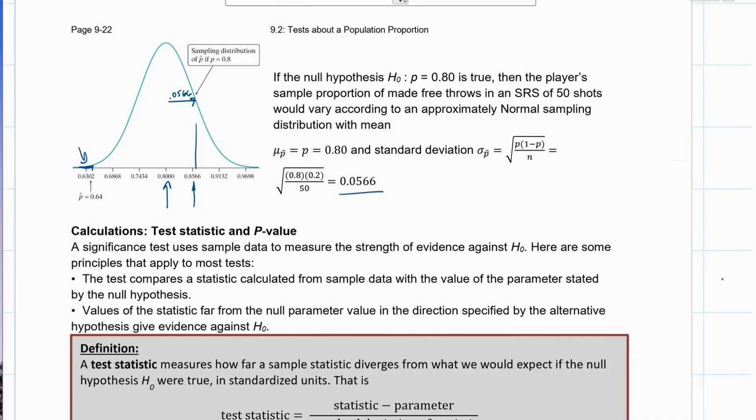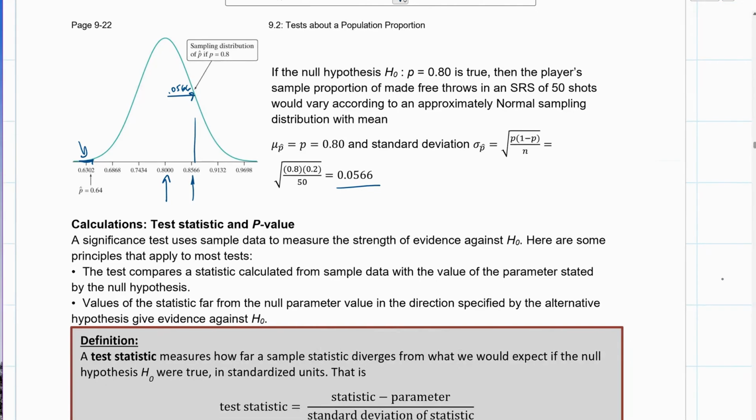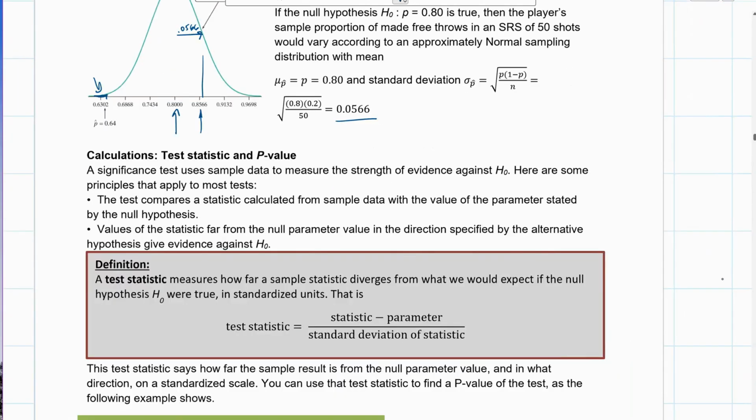The test statistic in this case is going to be a z value. In general, a test statistic is found by taking a statistic, subtracting a parameter, and then dividing by the standard deviation of the statistic. And this test statistic is going to tell us how far away, positively or negatively, our outcome is from what was expected.